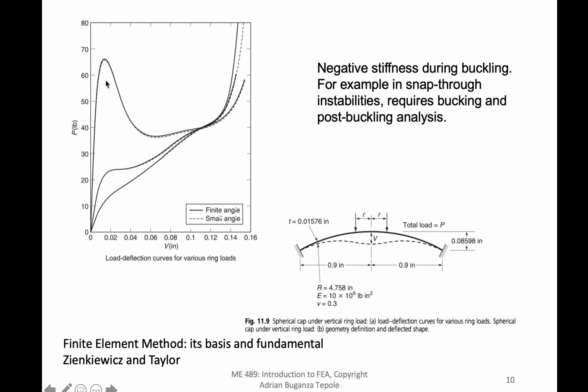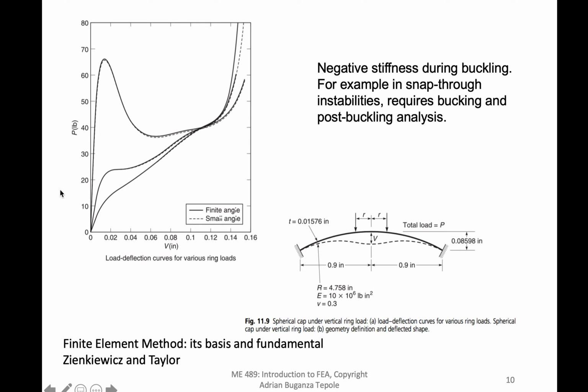Once it has gone through this snap-through instability, that's the type of problem that won't work in Abaqus if you don't take care of the point at which you have this negative stiffness. That's why you would need to do some buckling analysis in Abaqus. If you just use Abaqus blindly, you will be able to get to the cusp of this load curve, and that's it.